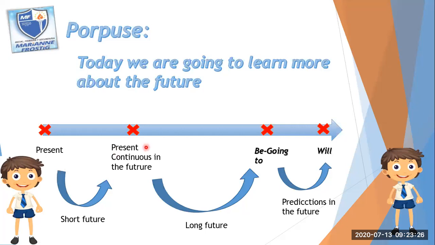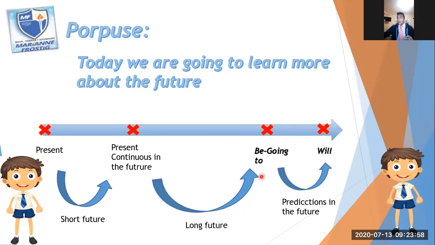Now, we use the present continuous in the future to talk about actions, but in a very, very short future, okay? 1 hour, 2 hours, 3 hours, 5 hours, but in the same day. One day after, not. The present continuous is for the future, but in the same day, okay?